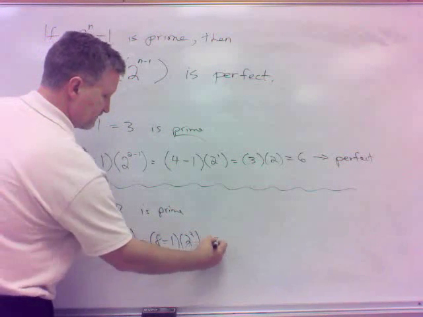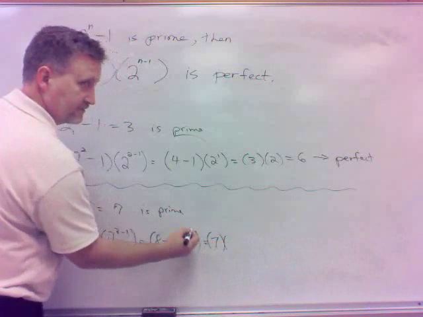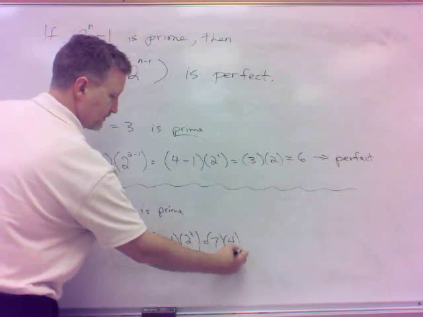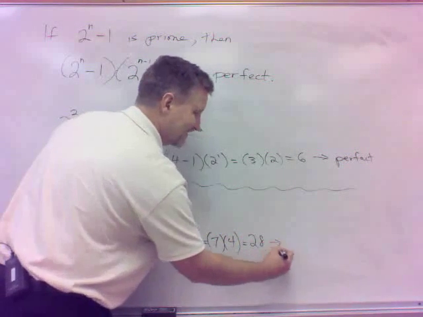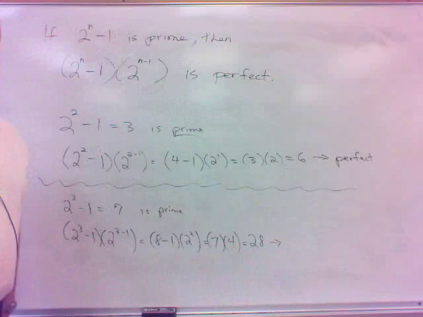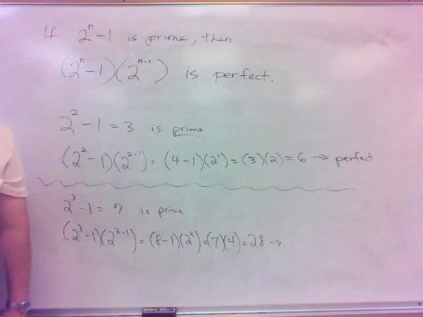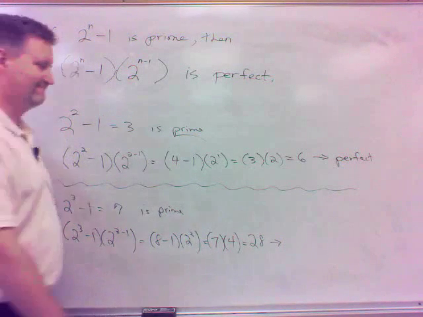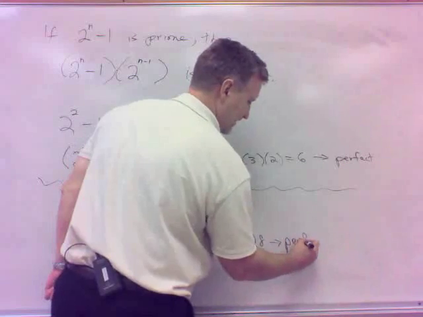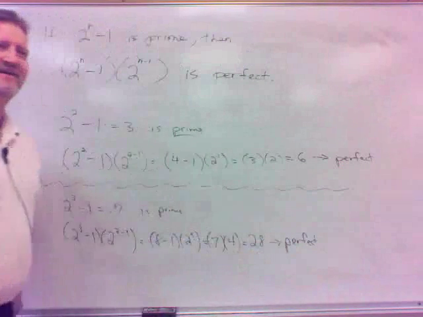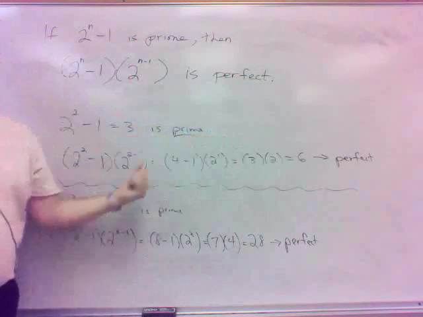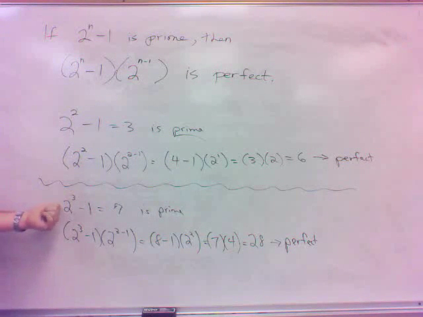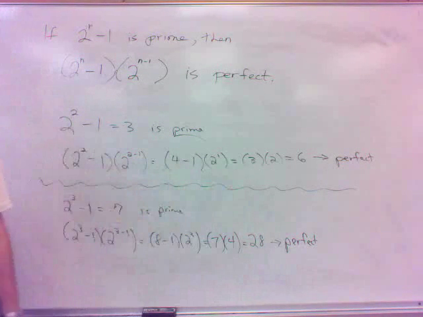So that's 7 times 2 squared, which is 4, which is 28. Is 28 perfect? Yep. That was the second perfect number. The first Mersenne prime gave us the first perfect number. The second Mersenne prime was 7, and it gave us the second perfect number.